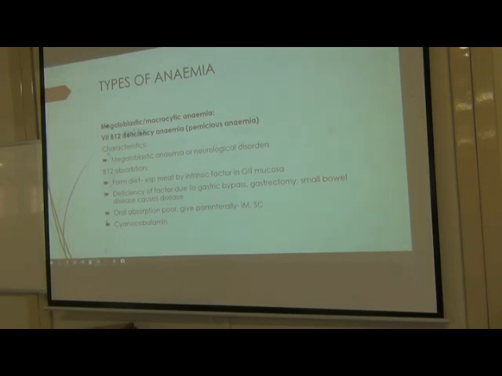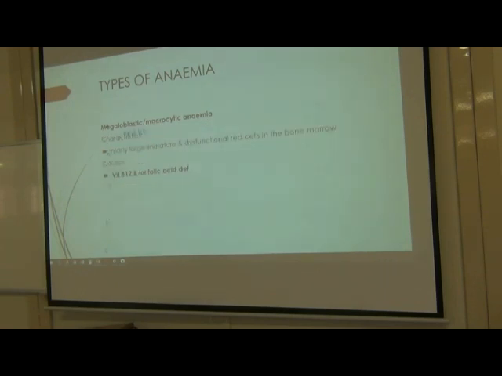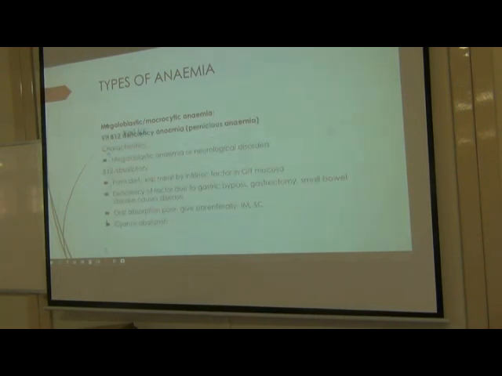Okay, it can be caused by either B12 or folic acid, or both of them together. So we can have the deficiency being either vitamin B12 deficiency anemia, or what's the other one? Folic acid deficiency anemia. Do you understand it? So megaloblastic anemia can be classed under those two headings. Okay.